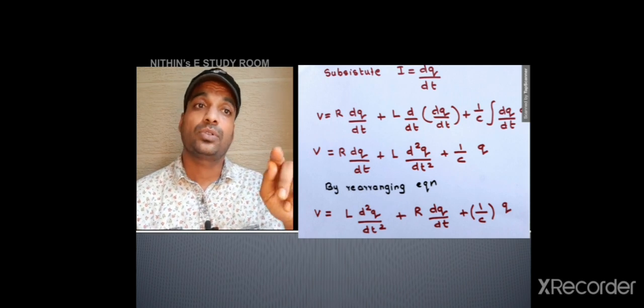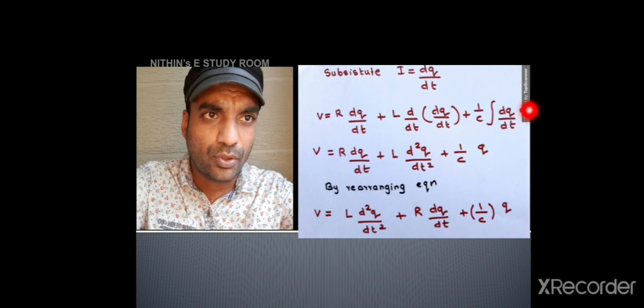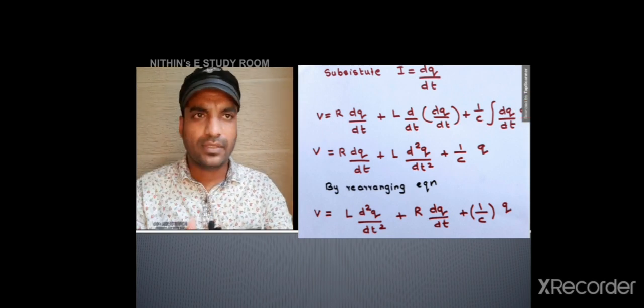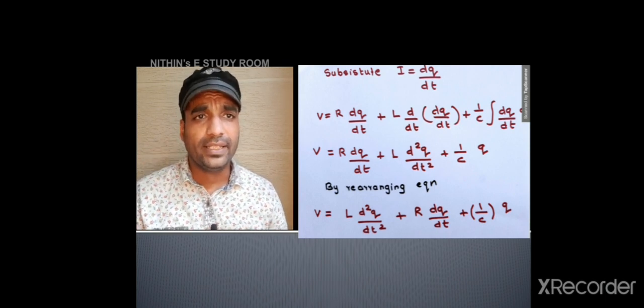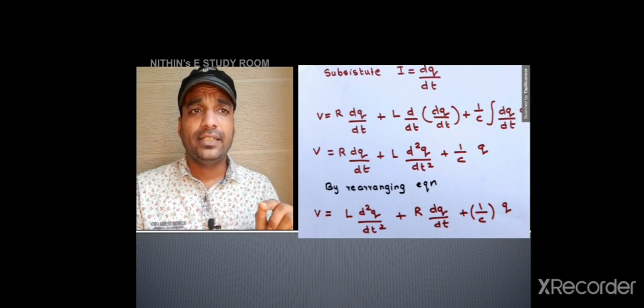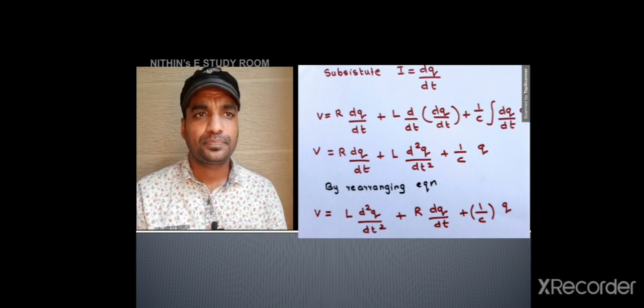So I is substituted as dq by dt. So here we are having a dt also; it is covered by the watermark, so add that dt also. So V is equal to R dq by dt plus L d square q by dt square plus 1 by C q, because the dt will get cancelled and the integral of dq is equal to q.